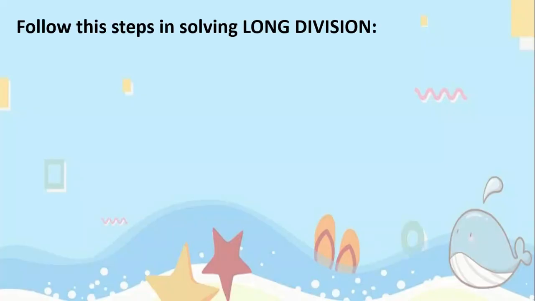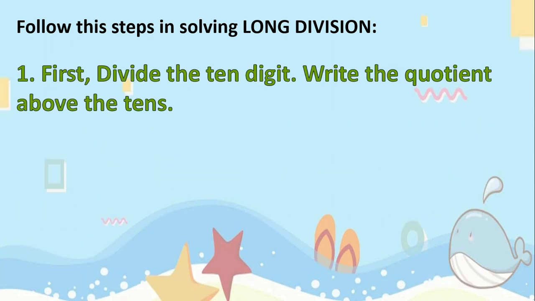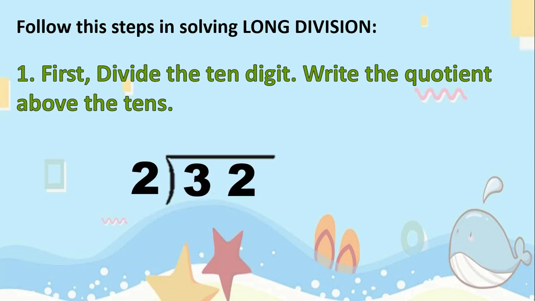We will follow these steps in solving the long division form. The first is you will divide the tens digit and you will write the quotient above the tens. For example, we have 32 divided by 2.